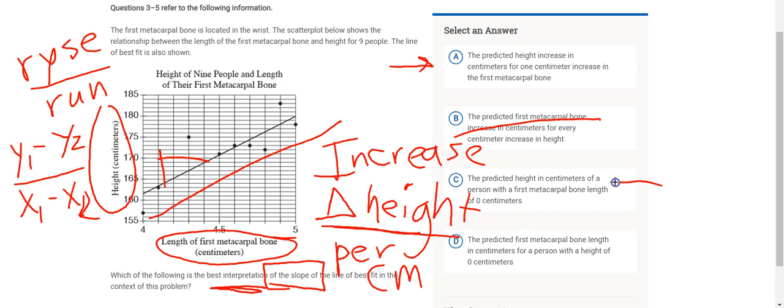No, that sounds more like they're trying to get at the y-intercept. And D, the predicted first metacarpal bone length in centimeters for a person with a height of 0 centimeters. That sounds more like an x-intercept, right?